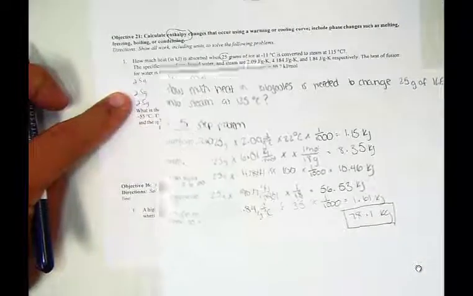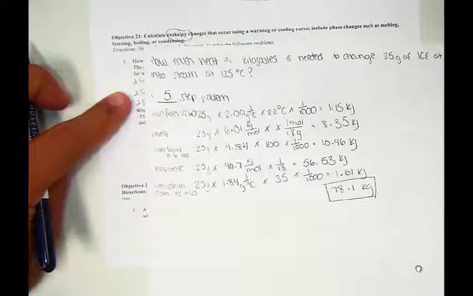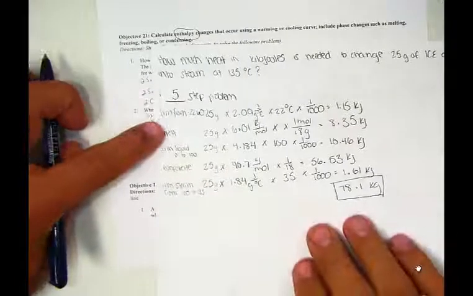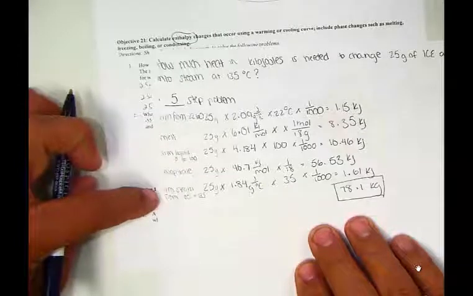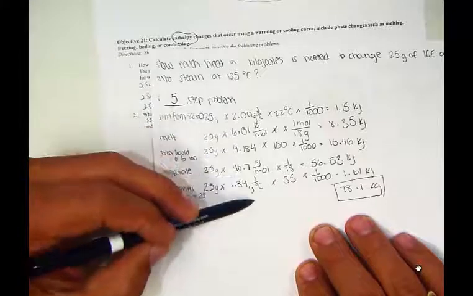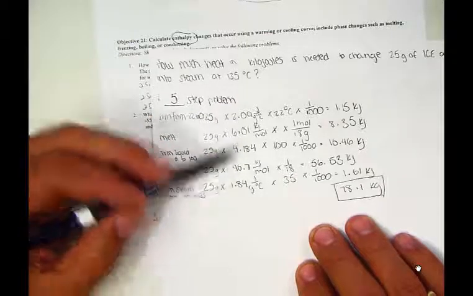There's an example of a 5-step problem on the back, so you do have a guide to help you that's showing you pretty much what's happening with this type. When we warm up ice, melt it, warm up water, evaporate it, and warm up steam some more. So I'm going to set it up very similar to this one. Rather than just copying these numbers though, I'm going to try to understand where I'm getting these numbers from the test.